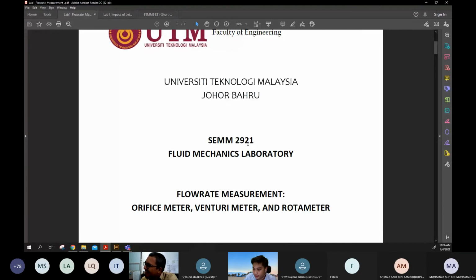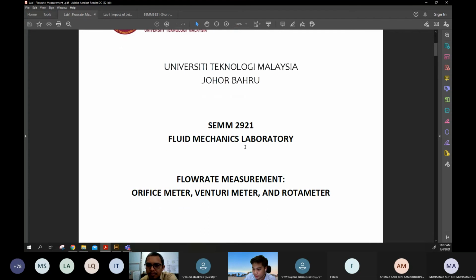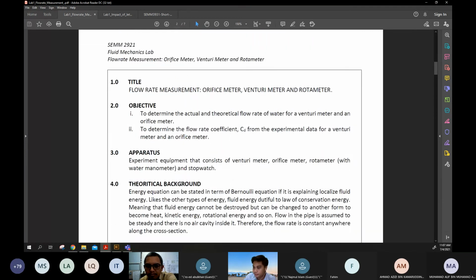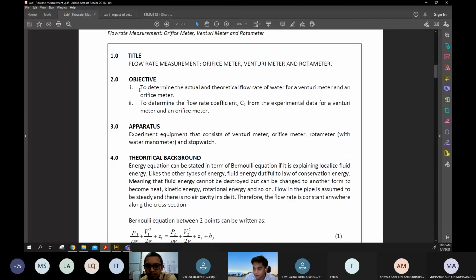So for today's experiment, we begin with the flow rate measurement, which we measure using the orifice meter, venturimeter, and rotameter. The objective of today is, first, to determine the actual and theoretical flow rate of water for the venturimeter and orifice meter.